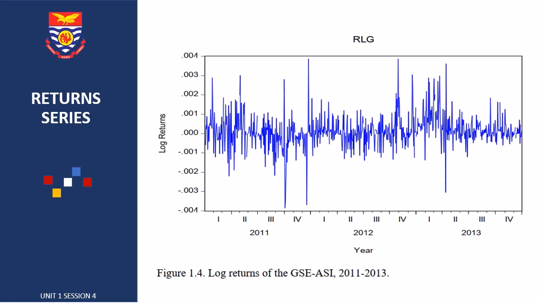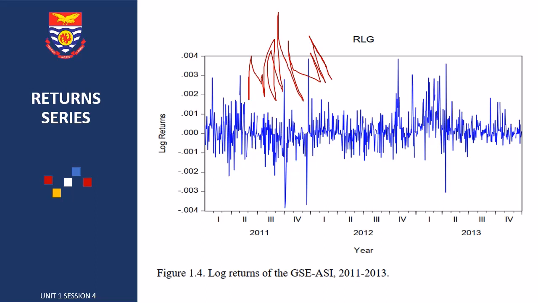Here what we are seeing is some series of volatilities. The upward and downward trends are in this mode, other than the price series, which has a moving trend, upward and downward, that has not come back to stationarity, that is 0, or the average.